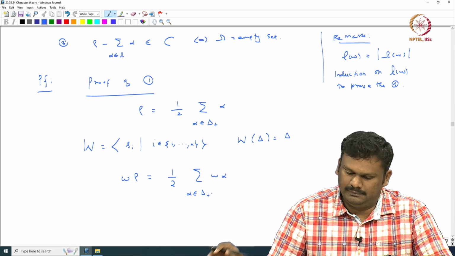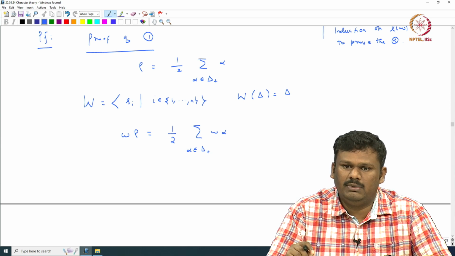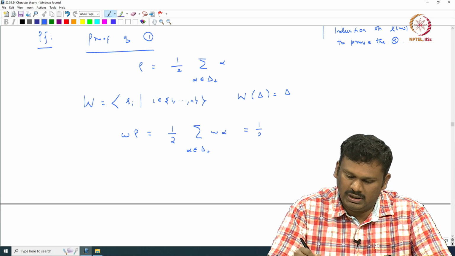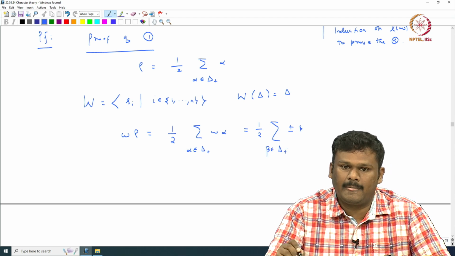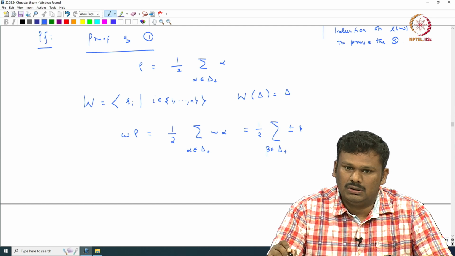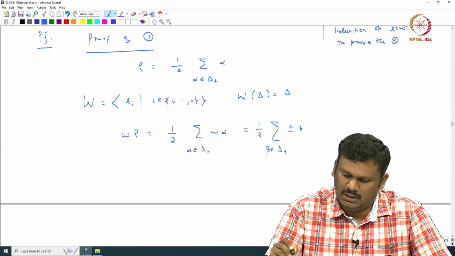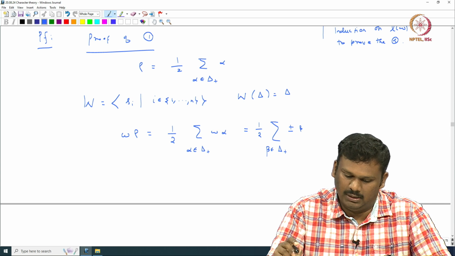Now, if you think about it, this W alpha is either going to be positive or negative. Depending upon that we can separate them. If you separate them, this can be written as summation plus or minus some beta, beta coming from delta plus. Now what are all the minus terms that we have here? Those are all the positive roots that are sent to a negative root by W inverse.